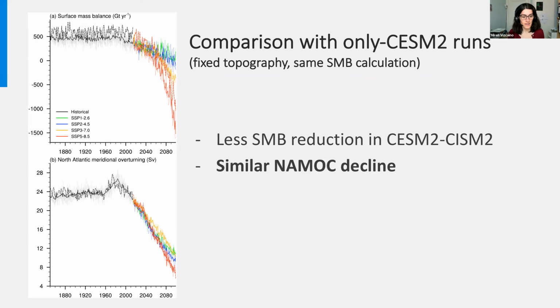So we get different numbers for the SMB because the SMB is very much coupled to the topography. For the AMOC, we find a similar AMOC decline.